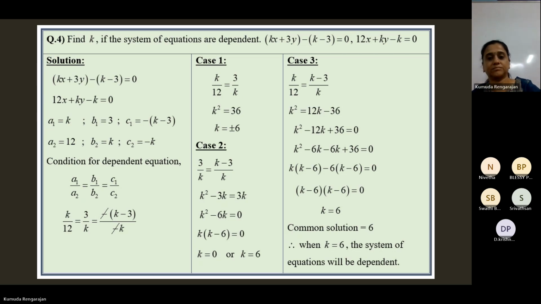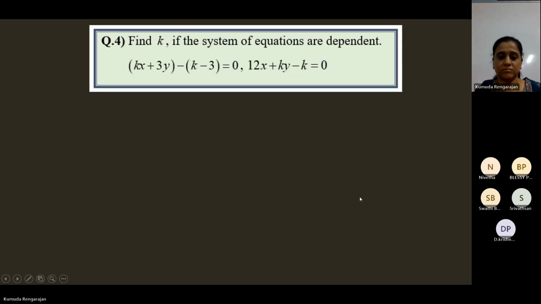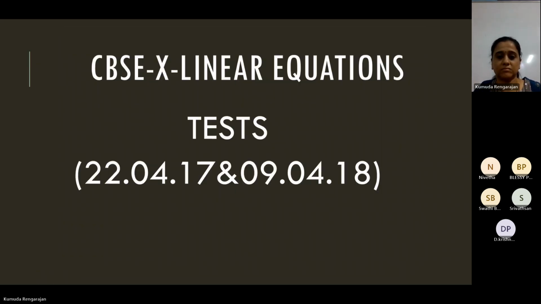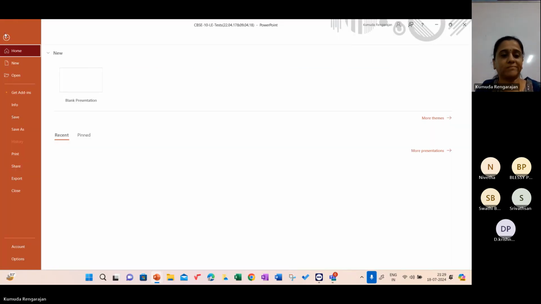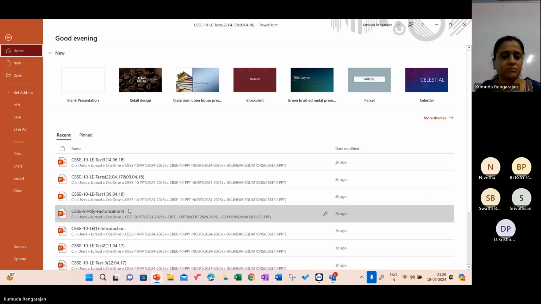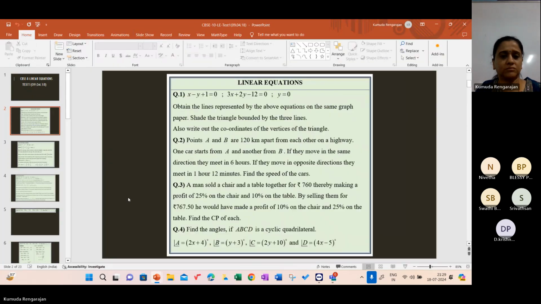Okay. Graphs you don't have, right? Graph making.